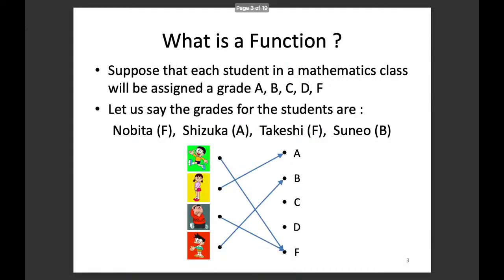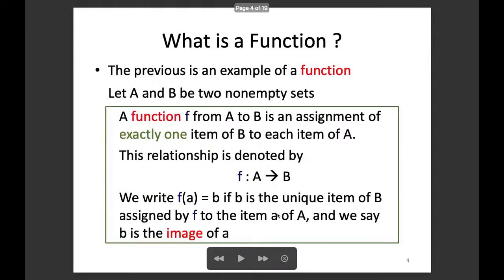So in the previous example, these 4 blue arrows altogether represent a function that maps or assigns a particular grade for each student here. So this is the set big A here, this is the set B here, and the function is the blue arrows.